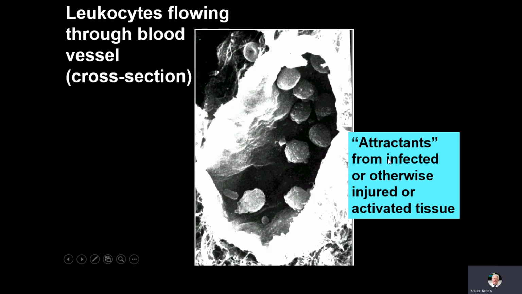So these chemoattractants from infected or otherwise injured tissues attract them to this inner wall, and then the increased vascular permeability that's stimulated or activated by certain mediators coming from the damaged tissue allow the leukocytes to actually leave the blood vessel.